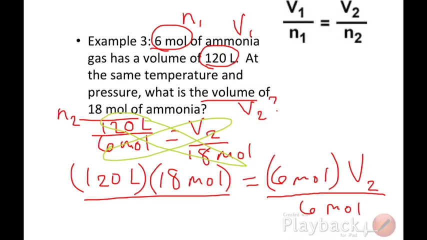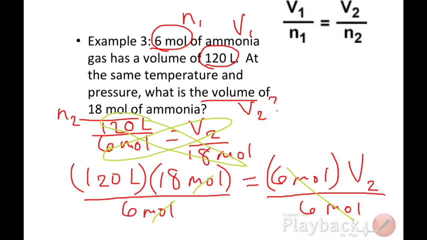We divide because we want to do the opposite of multiplication, and we do this on both sides of the equal sign. That allows us to cancel 6 moles on the right side and cancel units of moles on the left side. We're left with 120 times 18 divided by 6.